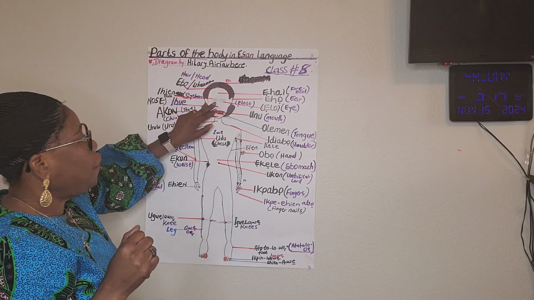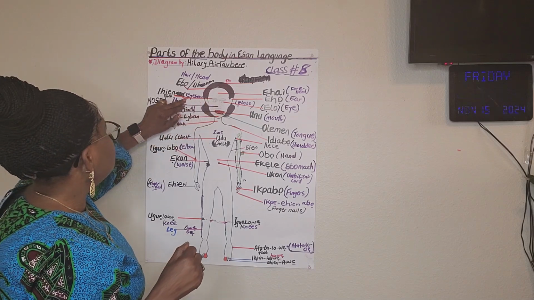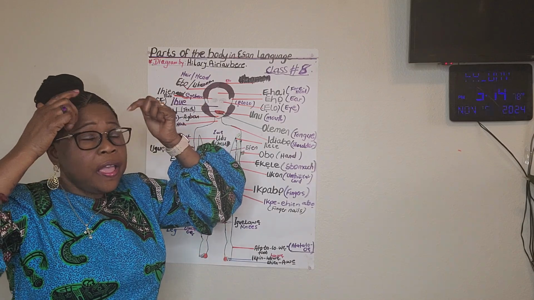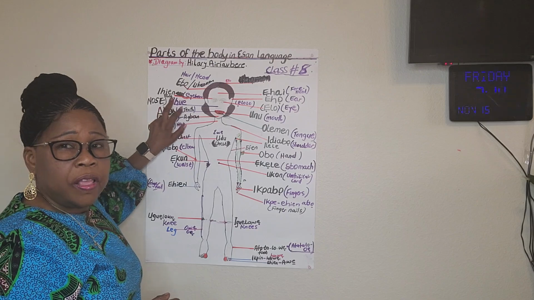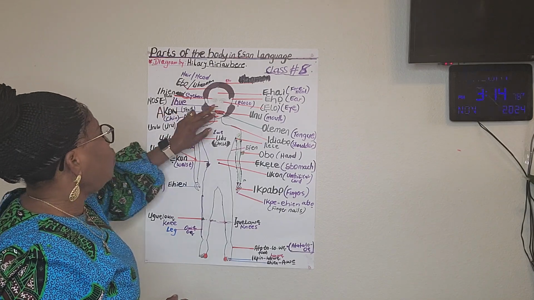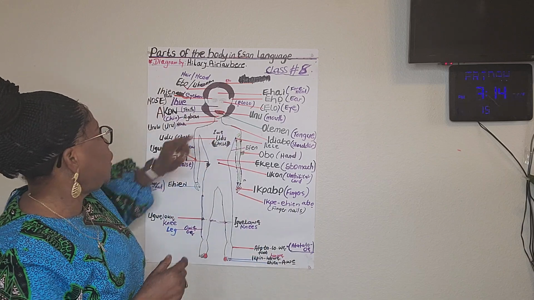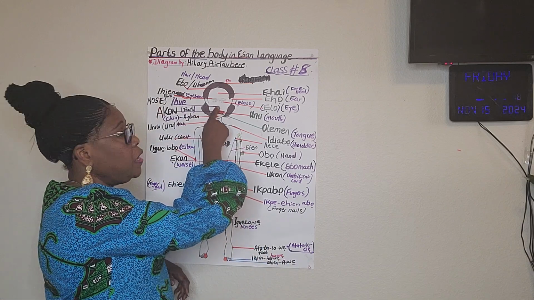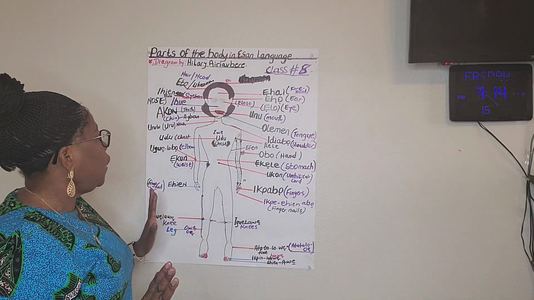Then we have the eyebrow. You see the eyebrow right there? Those little hair there. The eyebrow is called inhalo. Inhalo, right? Then we come down a little bit, you see the nose. And this is the nose right there. The nose is called ihwe in Esan.